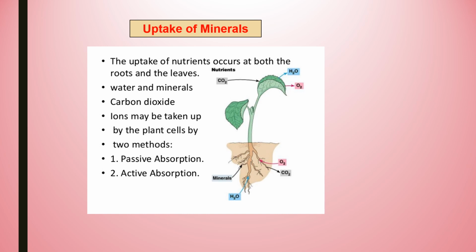All minerals cannot be absorbed by the root passively. Two factors account for this. Minerals are present in the soil as charged particles, ions, that cannot move across the membrane.